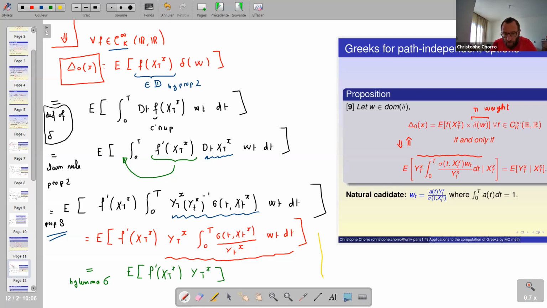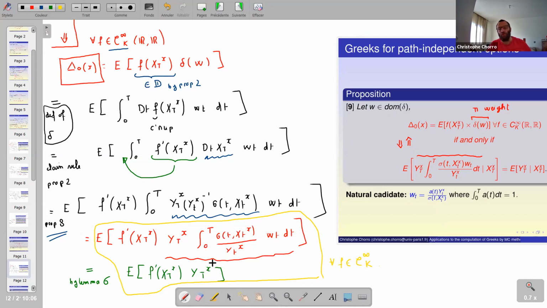Because I have the equality between these two expressions, an equality that is true for all f of class C infinity with compact support.